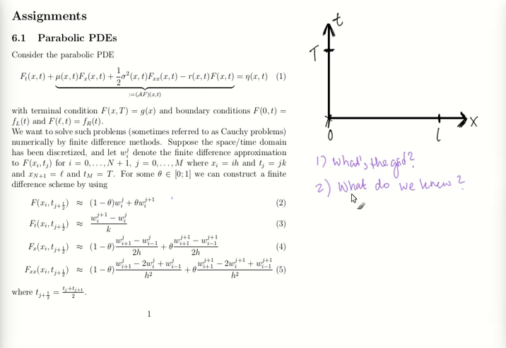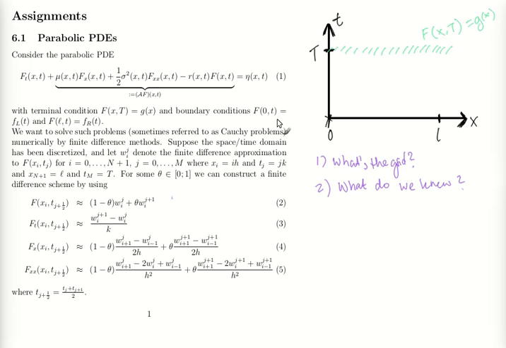So the first question, what's the grid? Well, we are told that there is a terminal condition at time big T, so we have T over here, and this terminal condition is given by the function g of x. So let me just draw here: everything along this line is known. So along this line we have that f of x is equal to g of x.